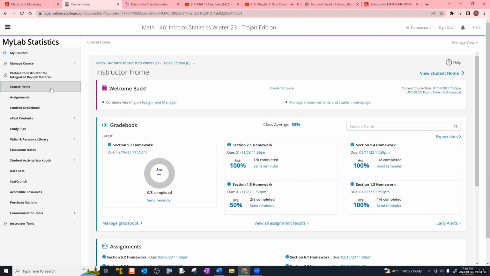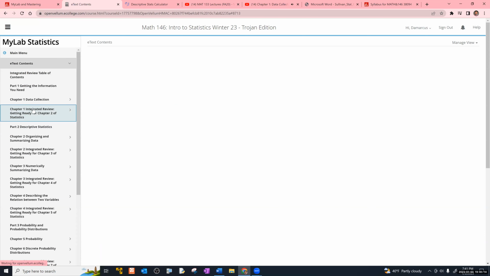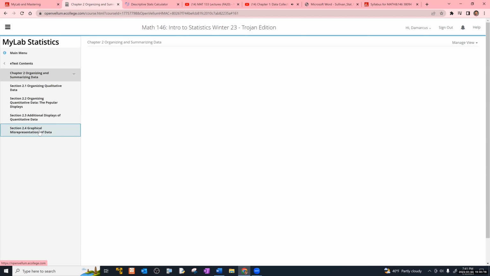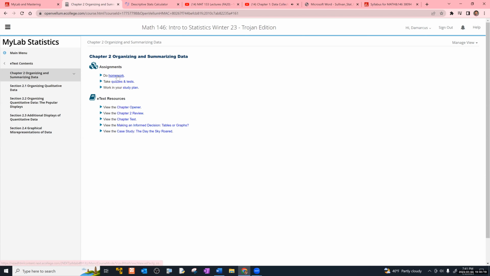So that's the one thing about Pearson. But there is the ebook somewhere in here. It says e-text context. You can access it here. So if you just click on one of the chapters, I would click on chapter opener. Let's see if it opens it better.